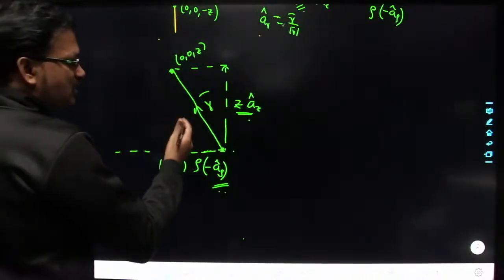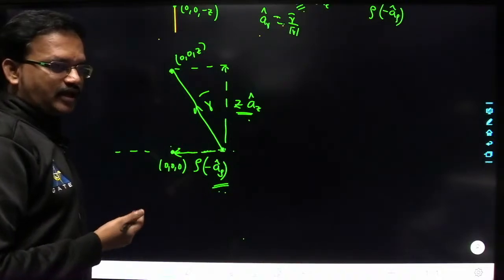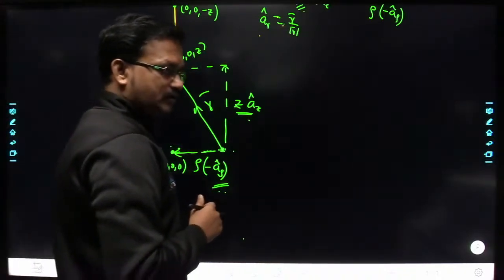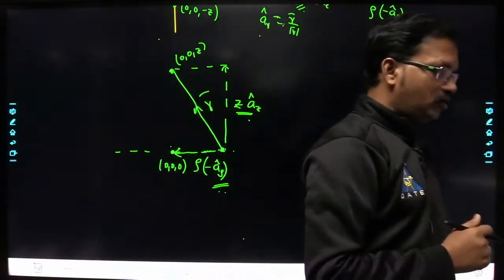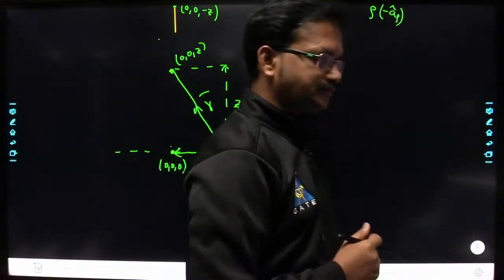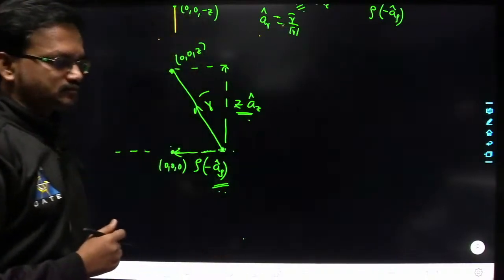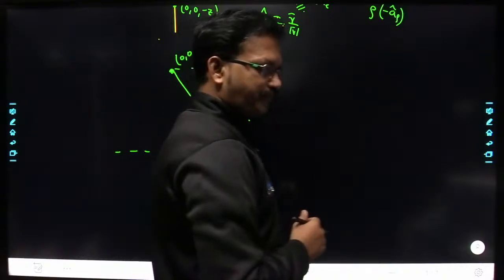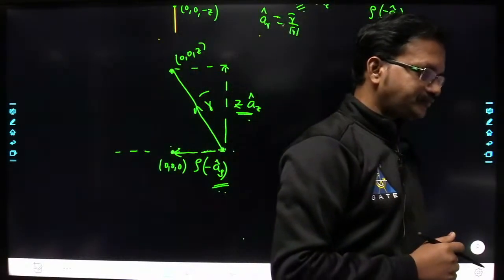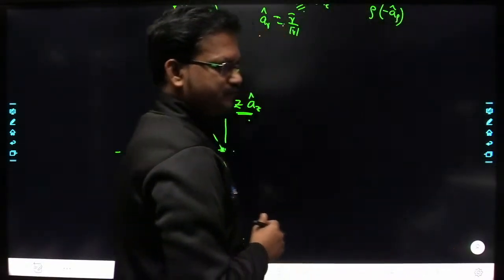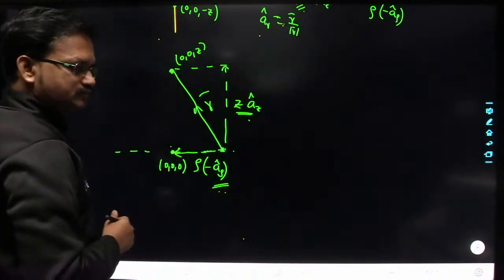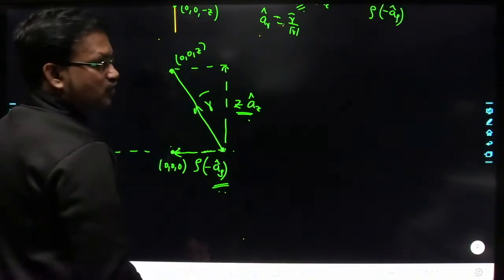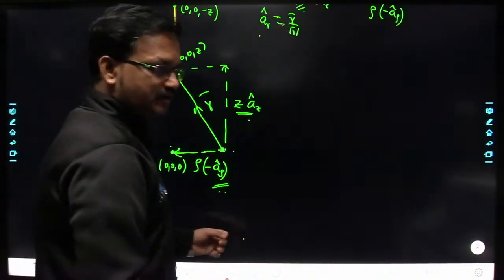How I have written this R bar and how I have written this a_r cap, is this point clear? Tell me here, Rahul Thakur and Parasmoon. Okay, so I hope it is clear here, right?